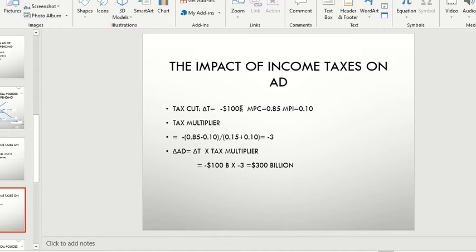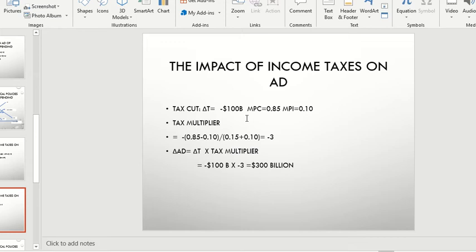Here we're given the marginal propensity to consume is 0.85. So in the very first round, even before the multiplier effect kicks in, the effect on the aggregate demand is already smaller. It's 85% of $100 billion, 85% of the stimulus. So it's 85 billion in the very first round before taking into consideration the multiplier effect.